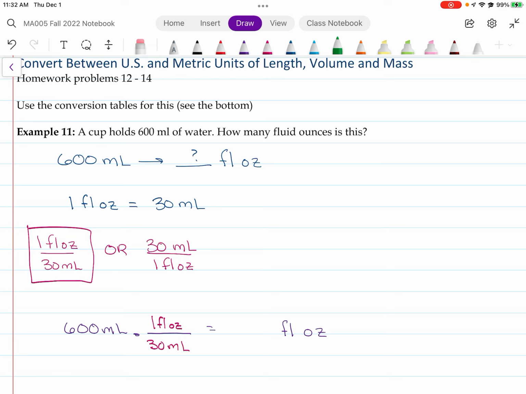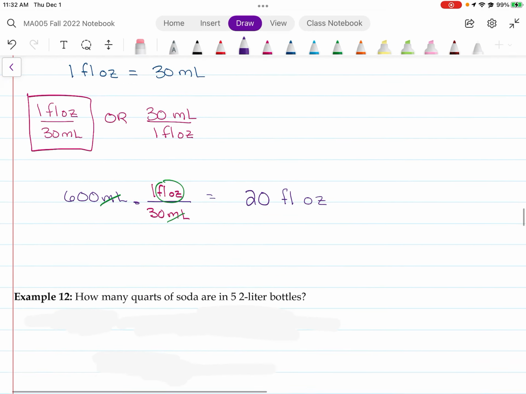Double check that you've done it right by canceling out your milliliters and checking that fluid ounces is what you're going for, and it is. Now you take 600, divide it by 30, and you will get 20 fluid ounces. So a 600 milliliter cup holds 20 fluid ounces.